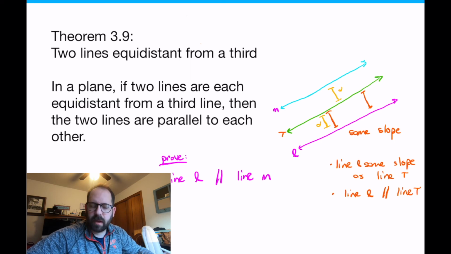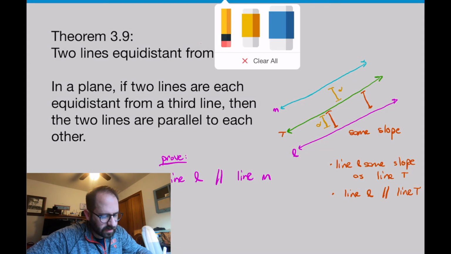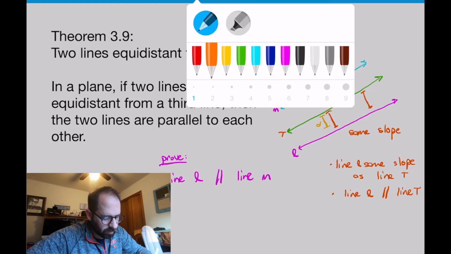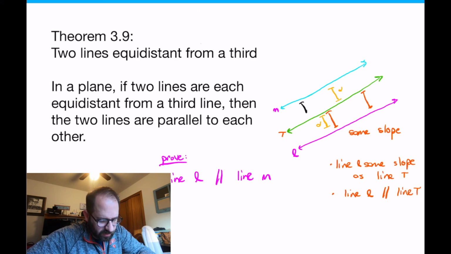Same thing on the other side. Let me give a new color. The distance up here on these two lines is uniform across the entire way, so these two lines over here would have the same slope.